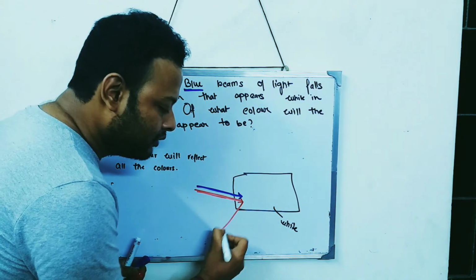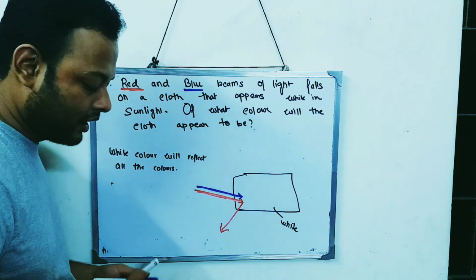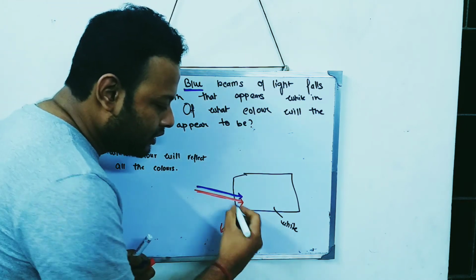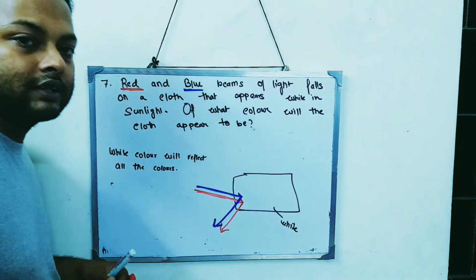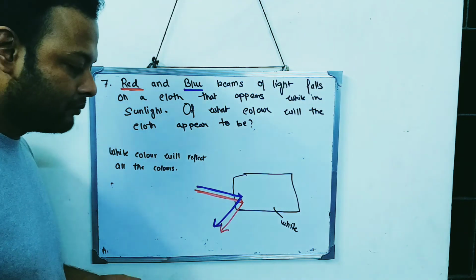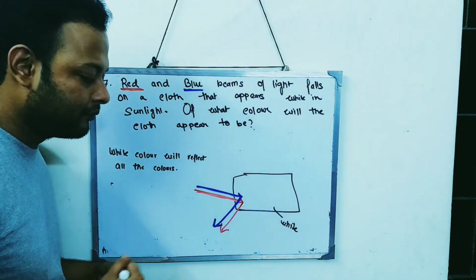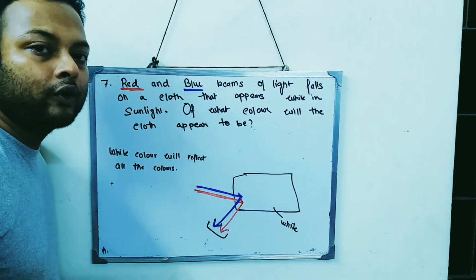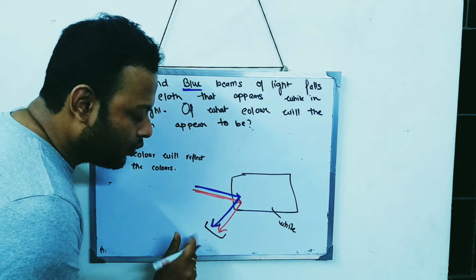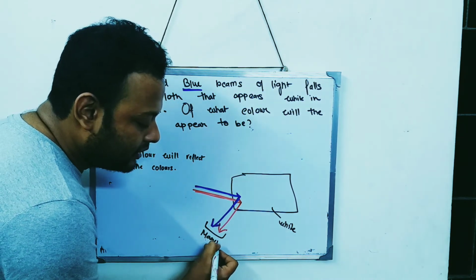So this red color will be reflected and this blue color will also be reflected back. If both the colors are reflected back, this red and the blue together combine to give a magenta appearance.